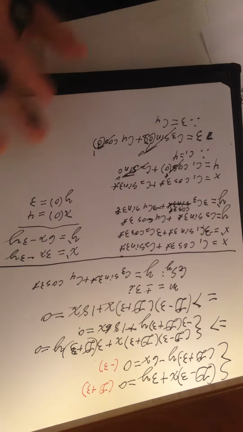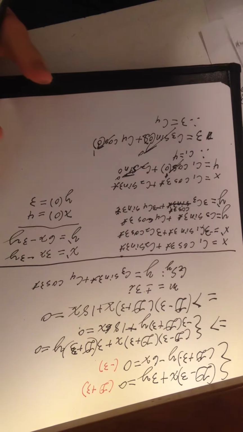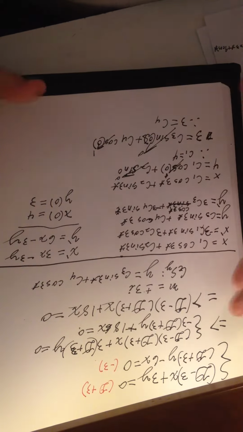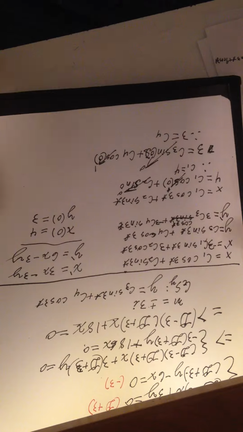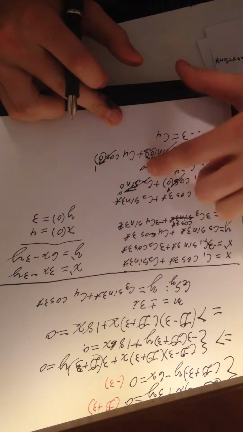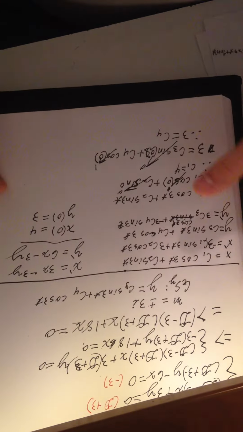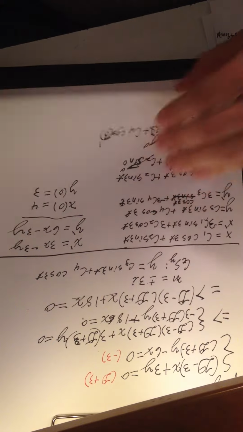Now, we have solved for two of our constants, and we've kind of hit a roadblock. Because how are we supposed to solve for c2 and c3? Because we don't have any more initial values. Well, this is where taking the derivative of our problems is going to come in.